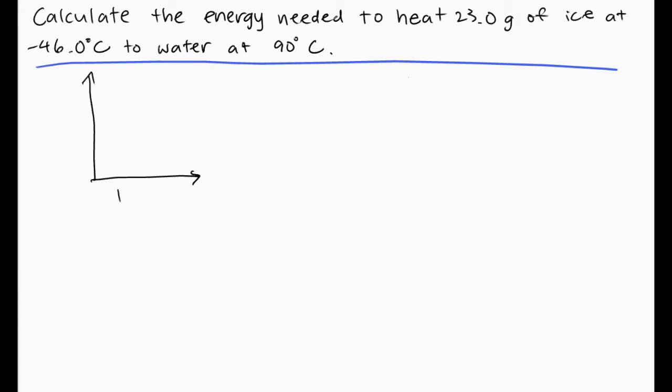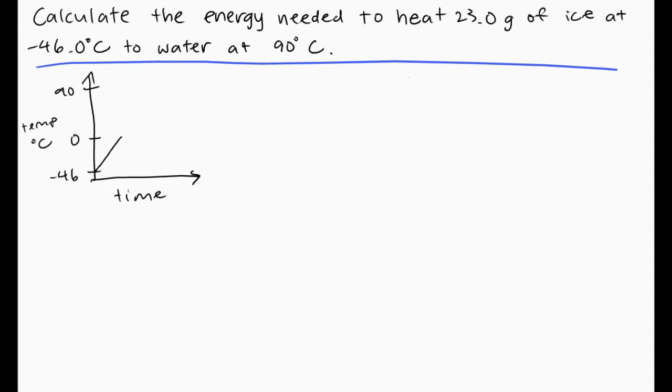We have the time here and the temperature here. So we start at negative 46 degrees and we will have a landmark here at 0 degrees. And then we want to continue until we reach 90 degrees. So the ice we have will continue warming until it reaches 0, which is the melting point for water.